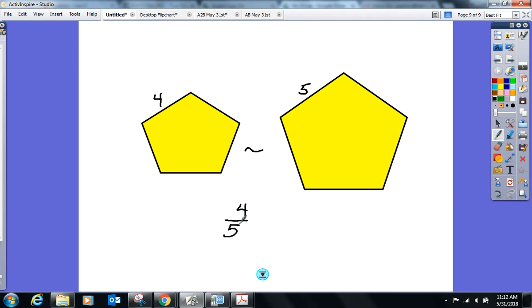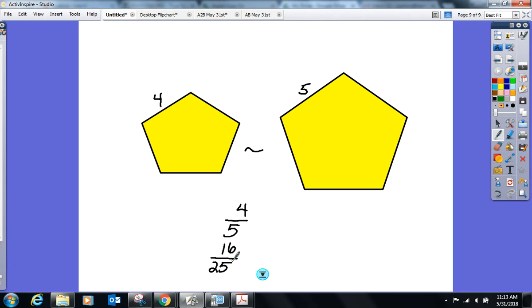Their areas. What do I do to find the areas? So the areas would be in a ratio of not 4 to 5, but 16 to 25. And what other ratio would be in a ratio of 4 to 5? Perimeters, yes. Okay. We are, no pun intended, doing something similar to that, but now with 3D figures.